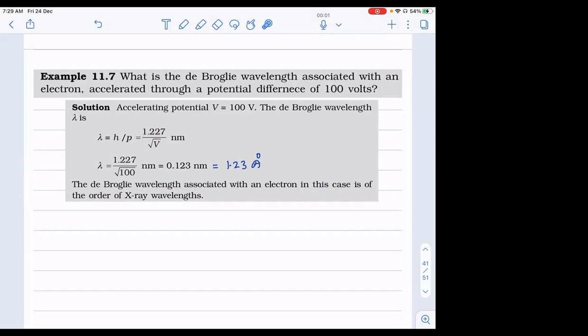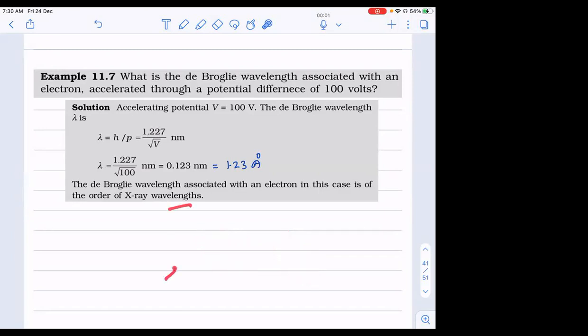Therefore, if we use electrons in the microscope, if we use the wavelength of electrons in a microscope, its resolving power will be very high. What is resolving power? Resolving power is inversely proportional to lambda. If lambda goes down, the resolving power of the instrument goes up. So it can give you a very clear image of very small objects.